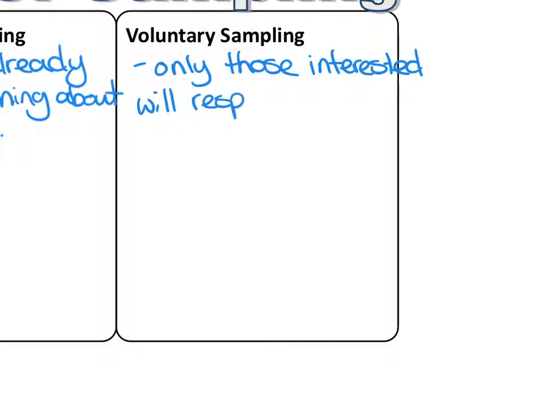This happens a lot in, for example, TV or radio polls or newspapers, where they put the poll out there, and then just whoever responds to it. It actually is more biased because only those listening, or only those that actually care about it, will typically respond. So be careful of that.